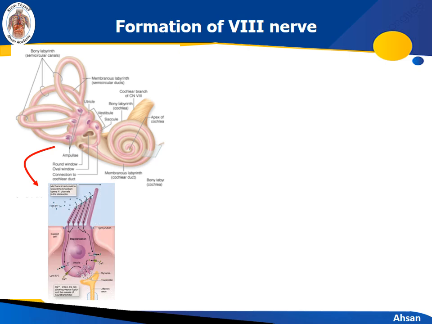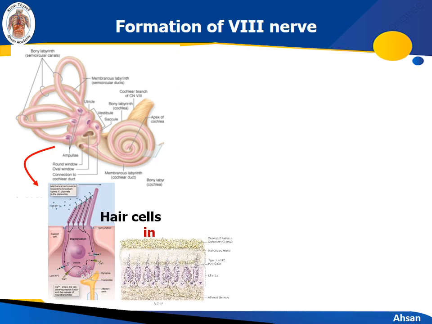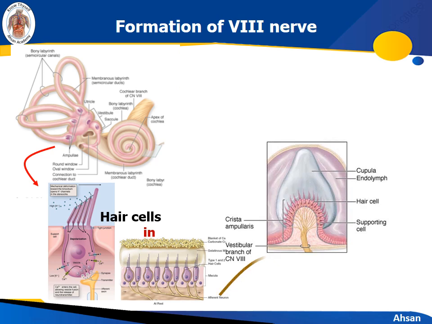The impulse from this membranous labyrinth will come out and form a nerve, which is the vestibular part of the vestibulocochlear nerve. So the vestibular impulse is initiated in the hair cell and transmitted to the peripheral process of the nerve neurons, and they combine together.